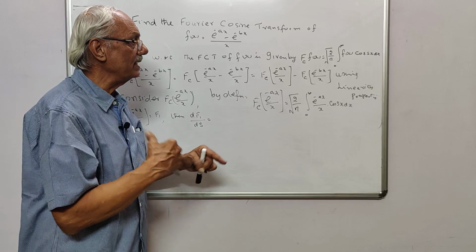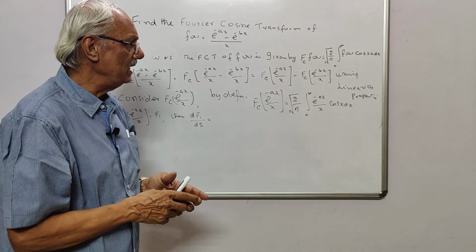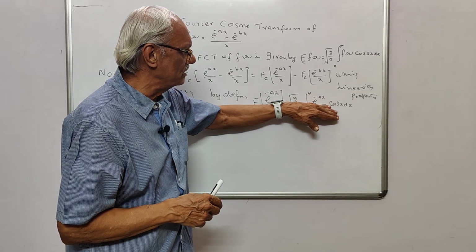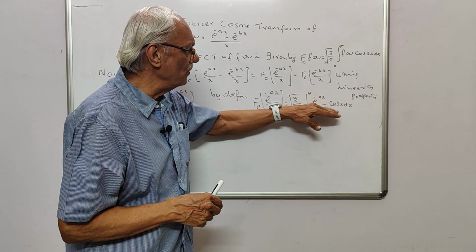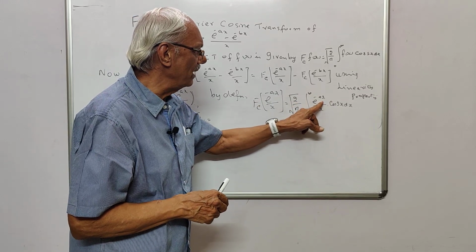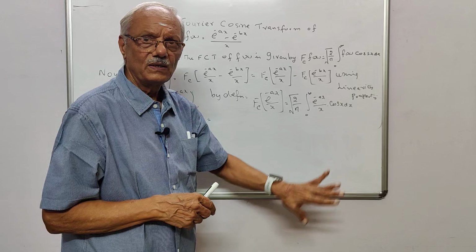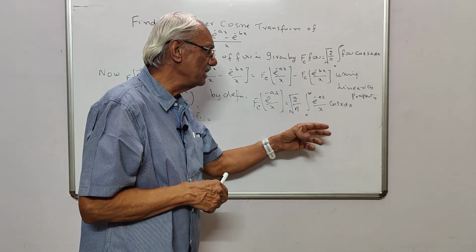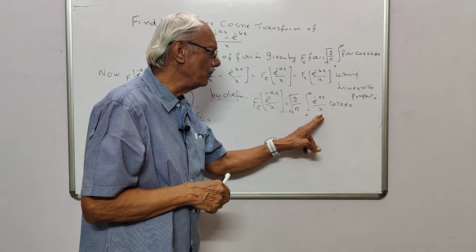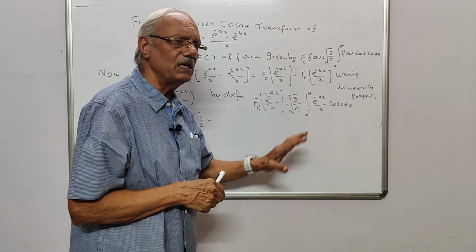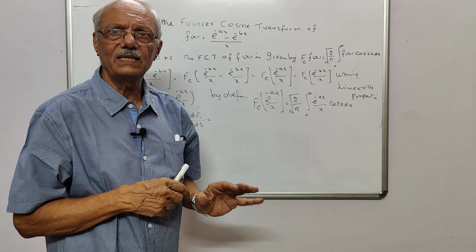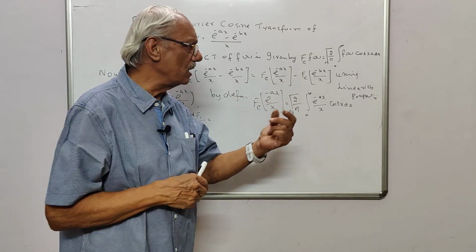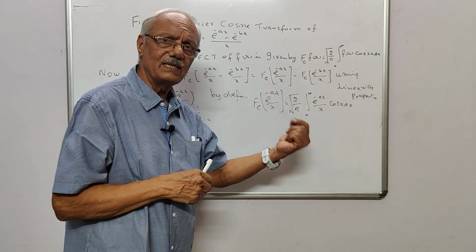Just imagine that if you forget about this x in the denominator, then I know a formula for the integral of e to the power of minus ax into cos sx. That is known. But in this particular case, you have got x at the bottom, so I will not be able to do this directly and get the answer.